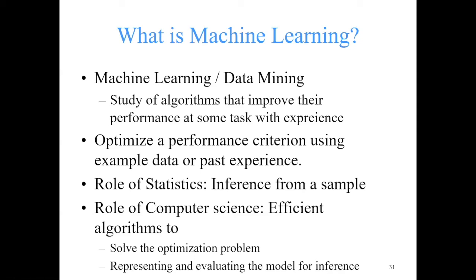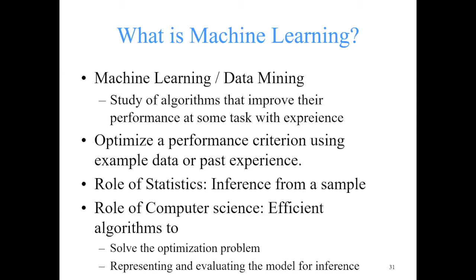But also a very important, crucial area in machine learning and data mining is the role of computer science. The main role of computer science is to find efficient algorithms. While statistics might be able to present theoretically good procedures, it is not necessarily easy to implement these procedures efficiently.